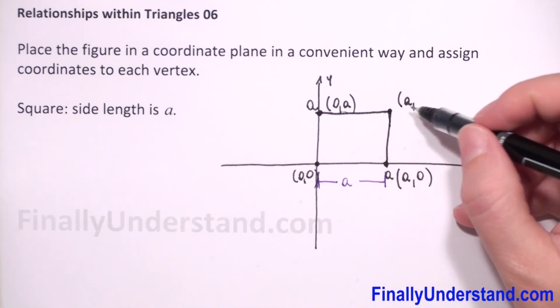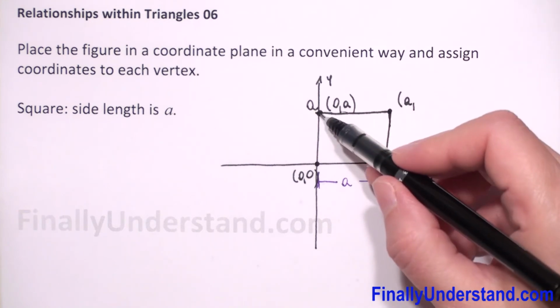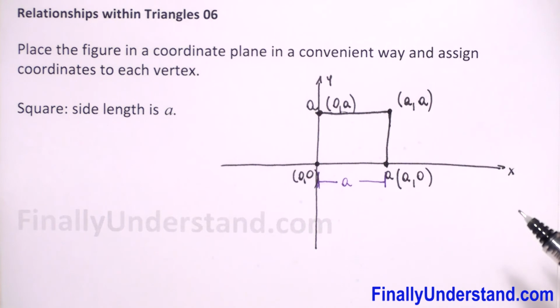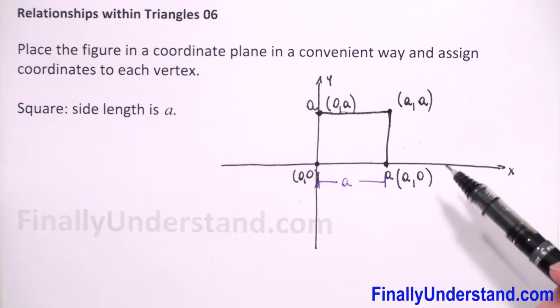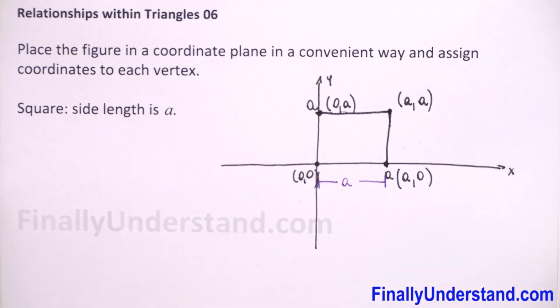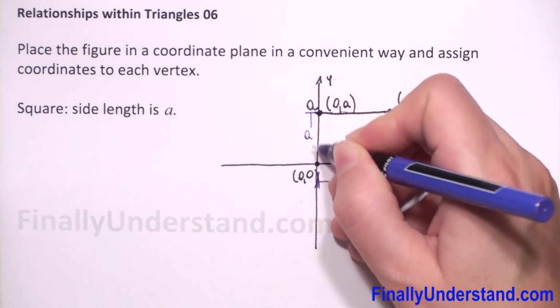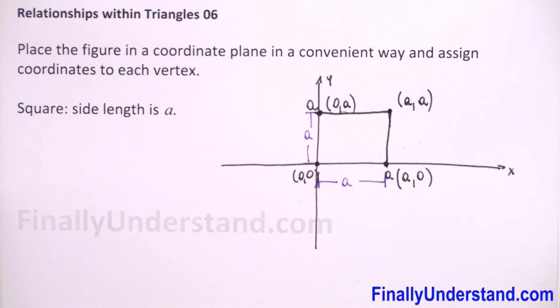So the second coordinate must be the same as for this point, so it will be a. We found every vertex. This is the side of our square, a. So this is my solution.